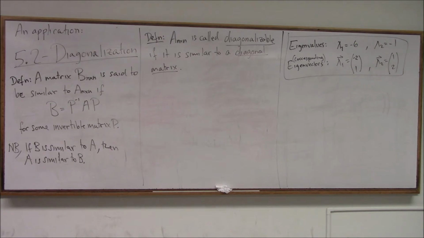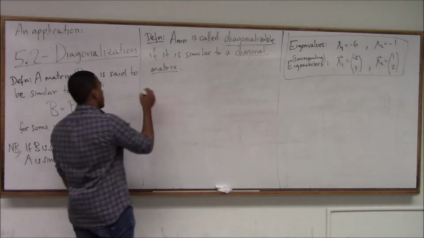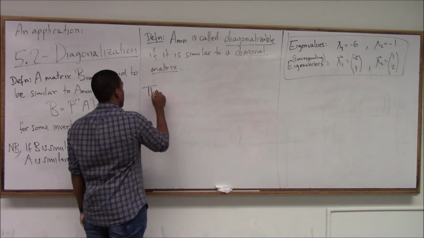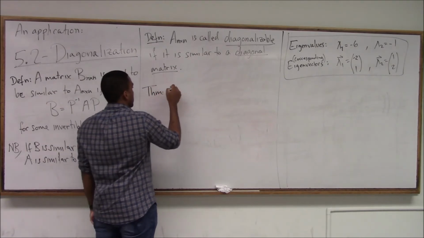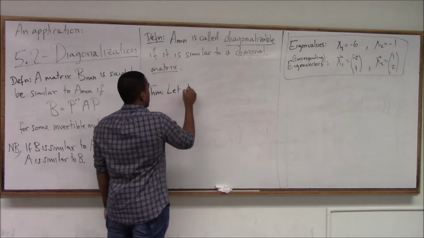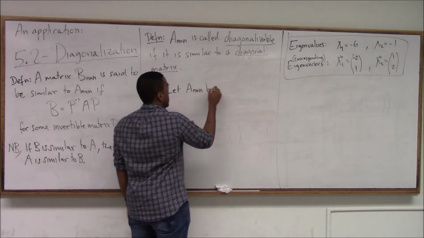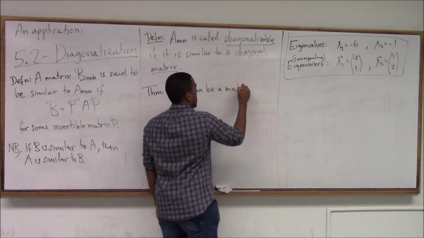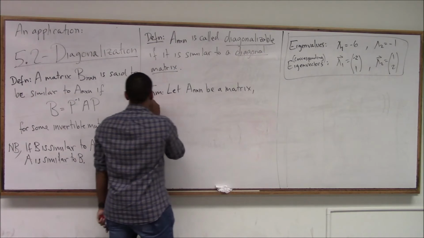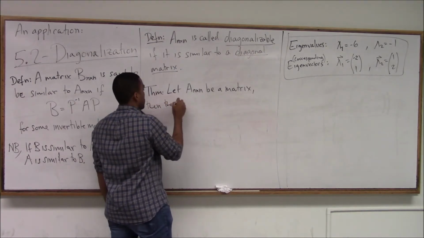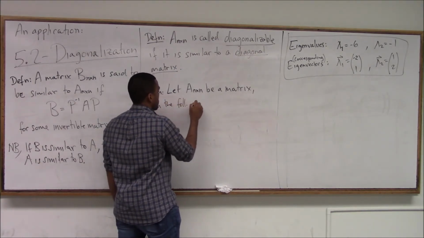Here's a theorem that's going to be nice, and then I'll tell you some other nice properties. Theorem. Let A n by n be a matrix. Then the following are equivalent.